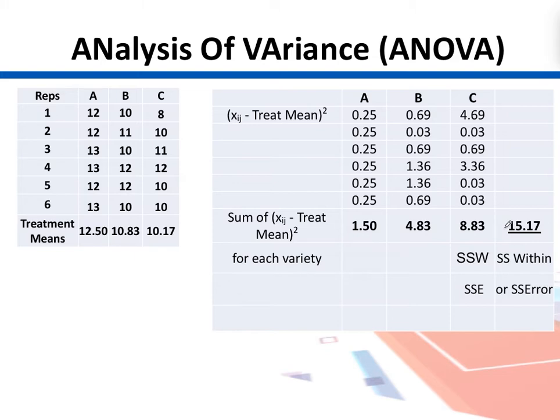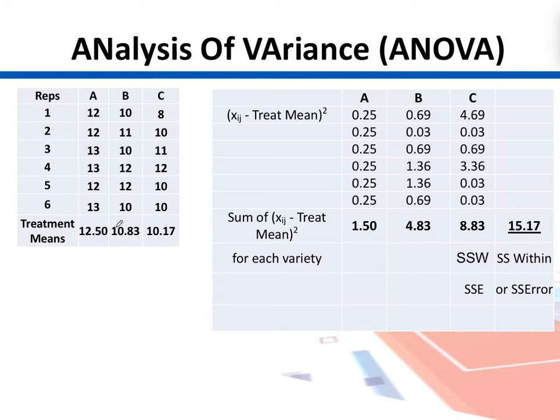So now we calculate this sum of squares within, that is within each treatment. So how each of those replicates varies from its own treatment mean. How this 12 varies from this 12.50. So it is minus 0.50, and we do it for all of them, and again we square them because the sum of the deviations is 0.